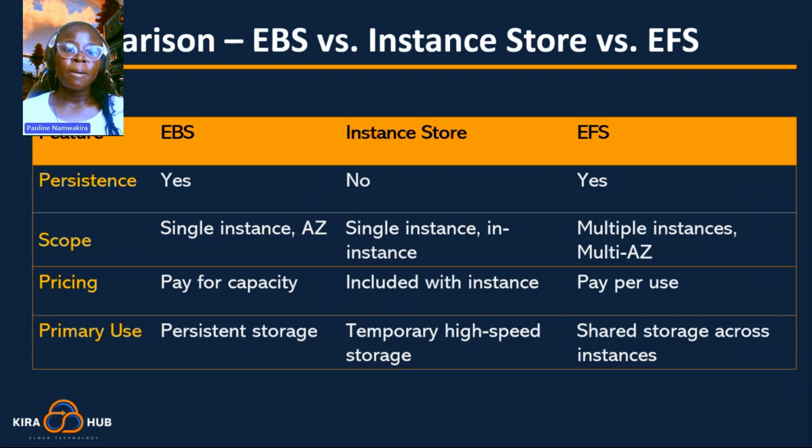Choose an instance store when it is not persistent: opt for instance store for tasks requiring quick temporary storage, like cache or buffer processing, where data doesn't need to persist. And choose EFS for scalable shared storage accessible by multiple servers across multiple availability zones. It's great for applications with shared data needs, like content hosting or large scale data processing.